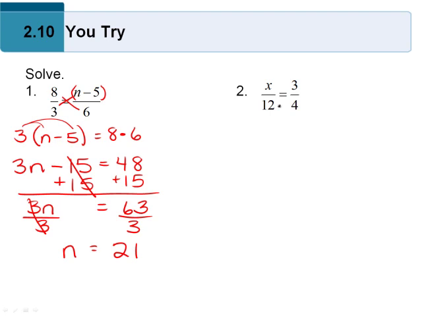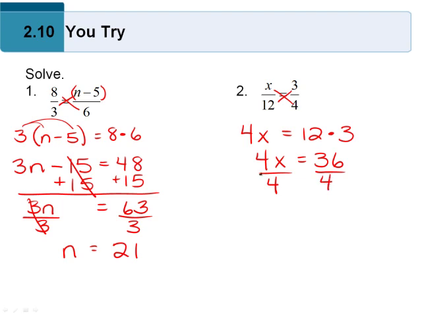Number 2, we have x over 12 equals 3/4. We're going to cross multiply, and I'm still keeping that term with the x on the left. 4 times x equals 12 times 3. So 4x equals 36 when you multiply, and then divide by 4. So x equals 9.